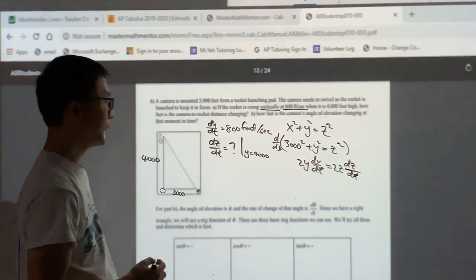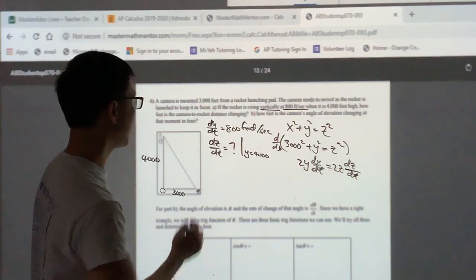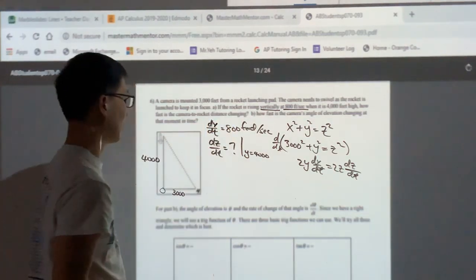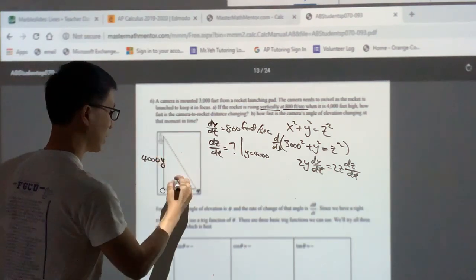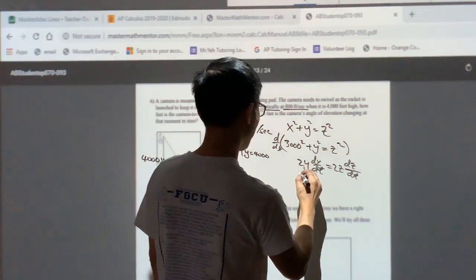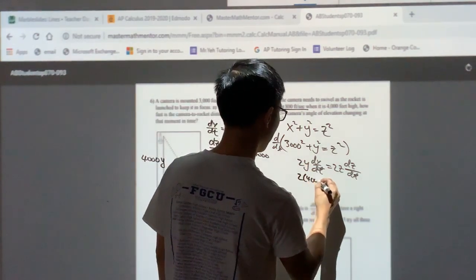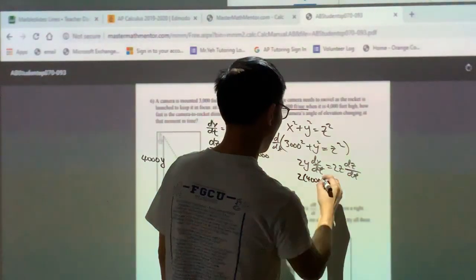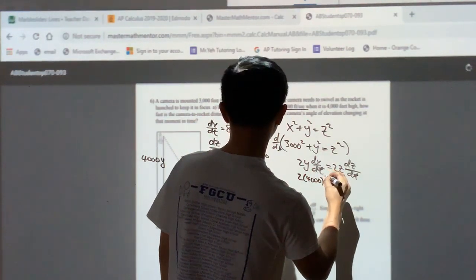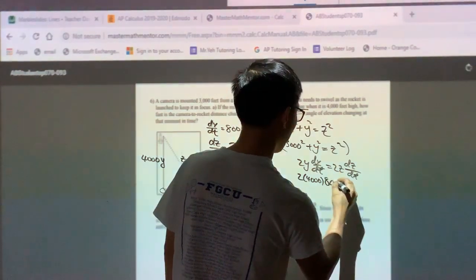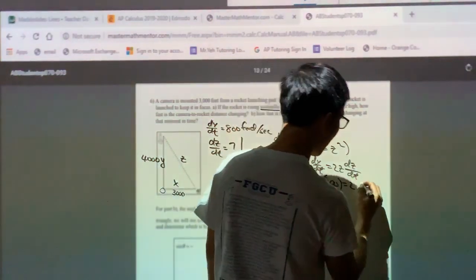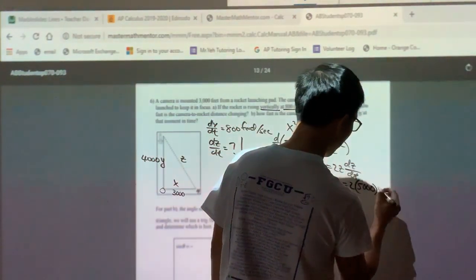We have dy/dt, which in this case is dh/dt, because we assign this as y, this as x, and this as z. So 2 times 4,000 times dy/dt, which is 800, equals 2z, and in this 3, 4, 5 triangle z is 5,000, times dz/dt.